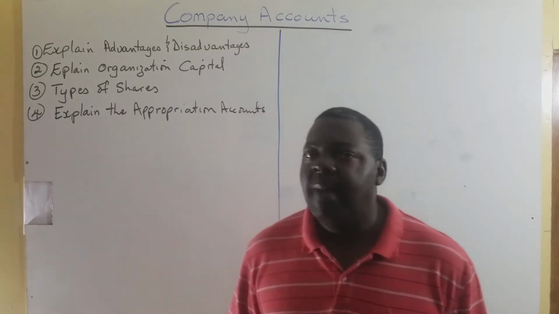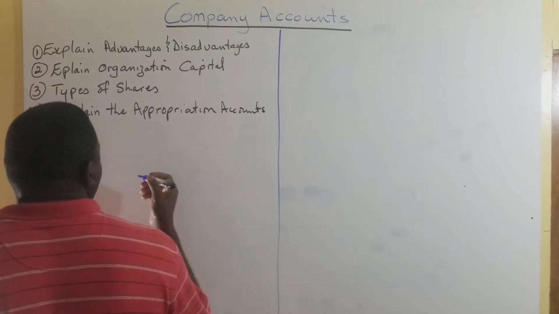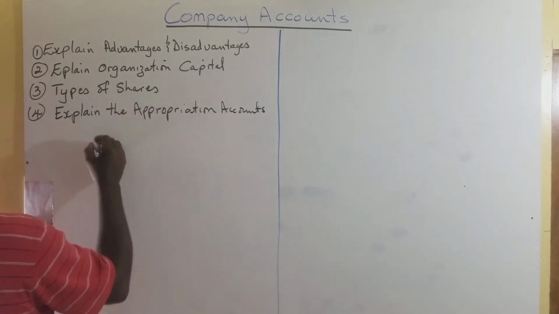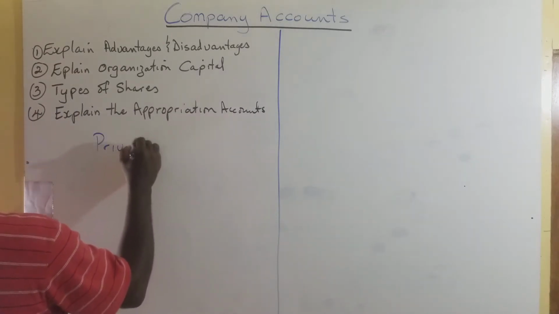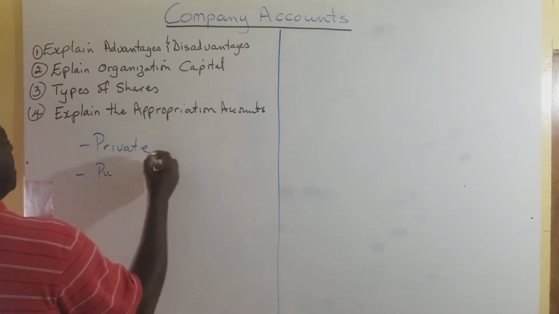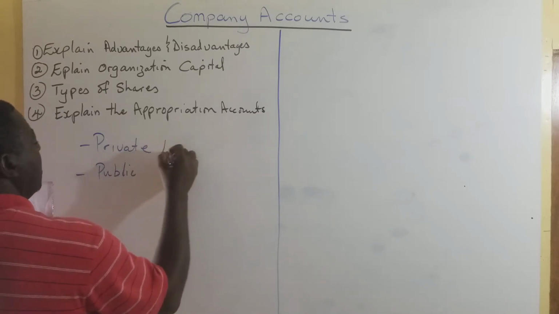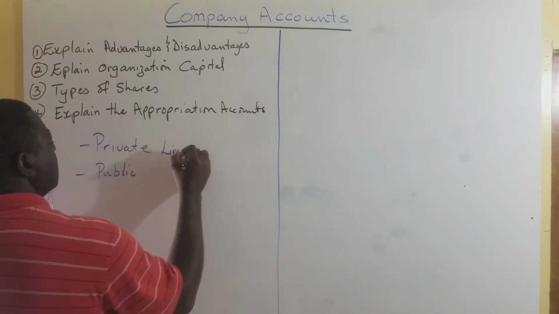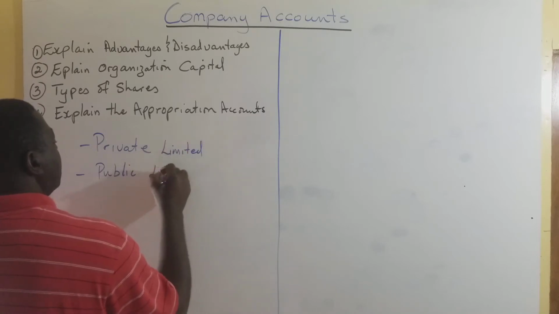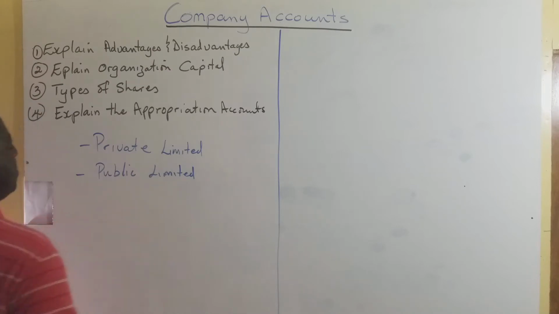There are at least two main types of companies. We have the private limited companies, and we have the public limited companies. These are two types of companies.